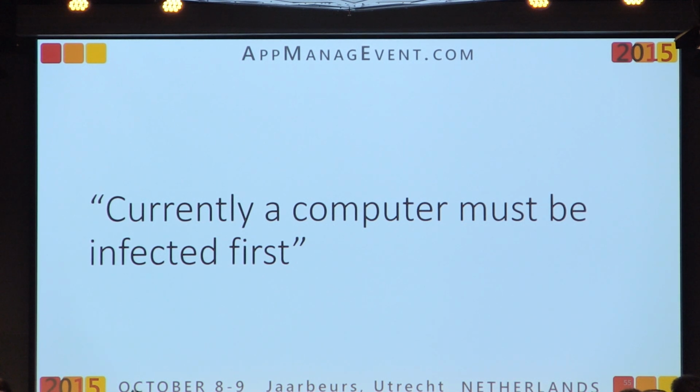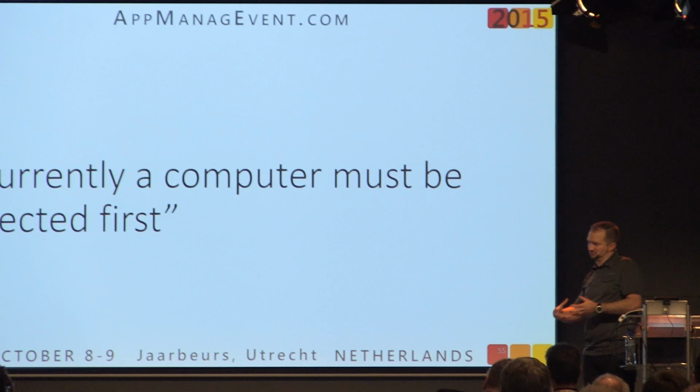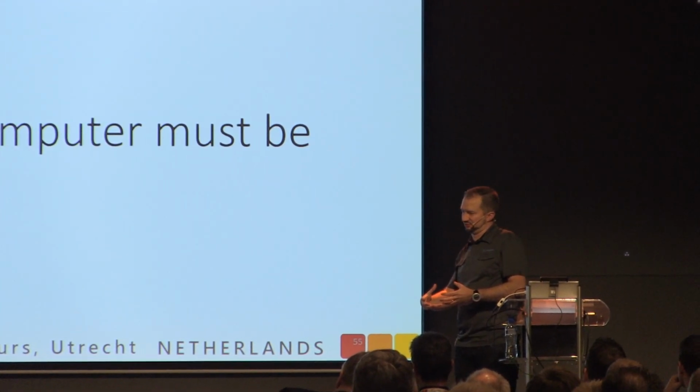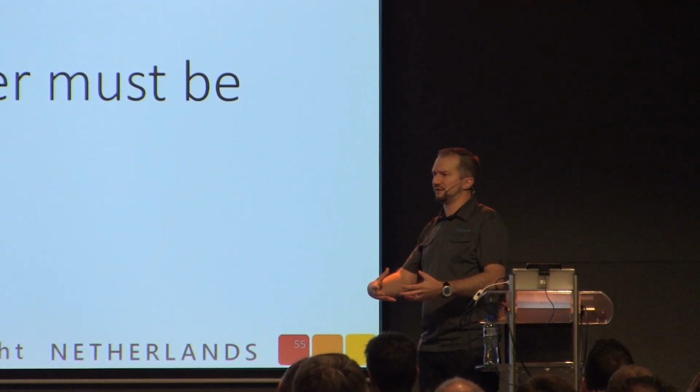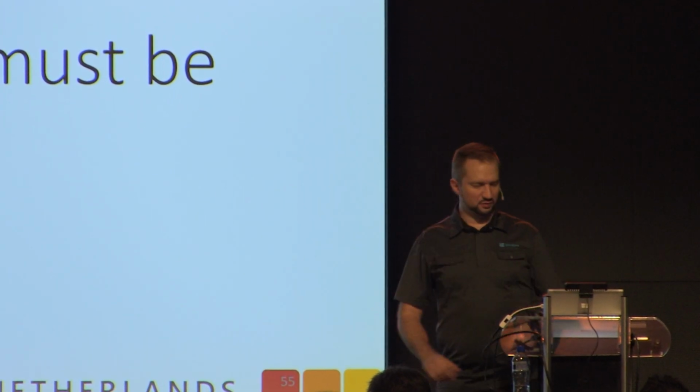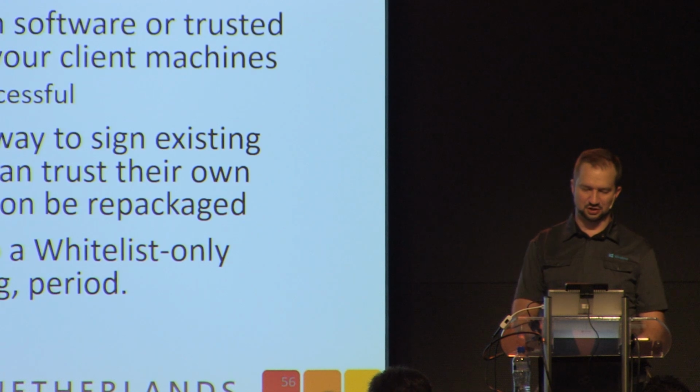Currently, a computer needs to be infected first. The kind of weird thing is that with Windows now, if you get something into Windows, it needs to get in first, and then a reactive solution will say, "Ooh, this looks bad. Let's not allow this," which is kind of ridiculous. So what Windows tries to do is change your way of thinking to Device Guard.